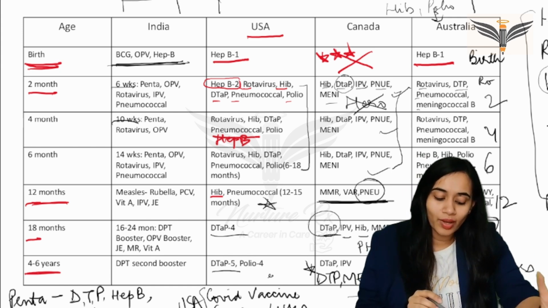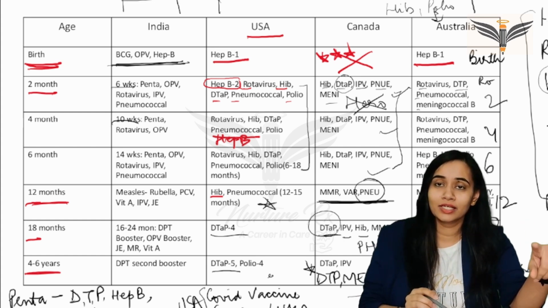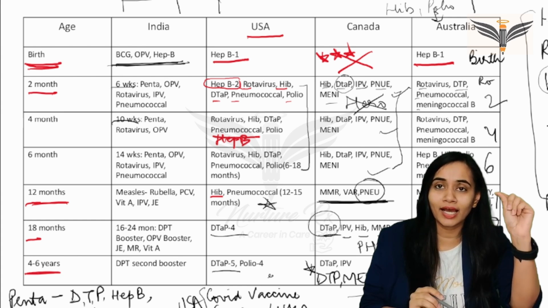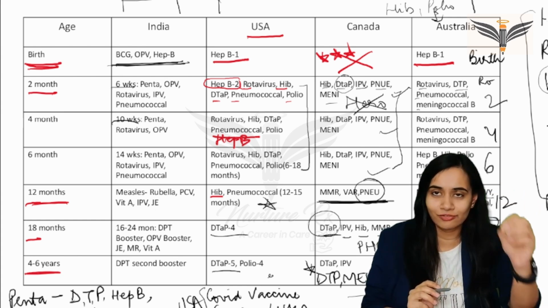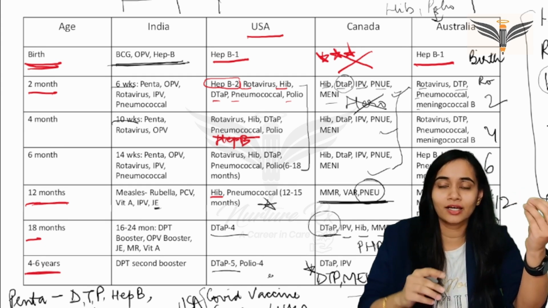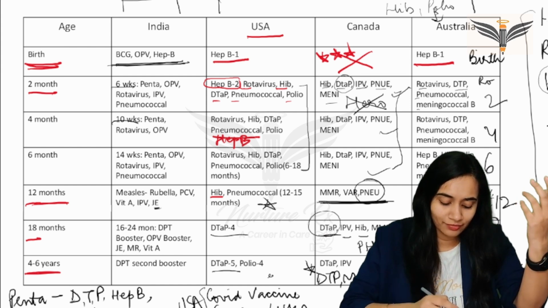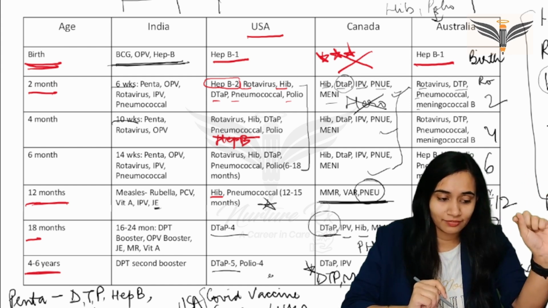Then at 12 months of age, measles, rubella is given. Apart from that, PCV, vitamin A, IPV and Japanese encephalitis vaccine can be given if required. Japanese encephalitis vaccine is not given routinely to all the children, but it can be given. So measles, rubella is given, PCV is given, vitamin A is given.